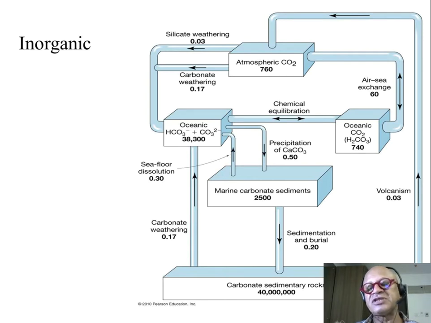On episodic events, you have volcanic eruptions of about 0.03. These are estimates, right? Nonetheless, the order of magnitude is very important. Again, you can divide the reservoir size by the fluxes to get estimates of residence times in each reservoir or each pool. Okay, this is the inorganic part.